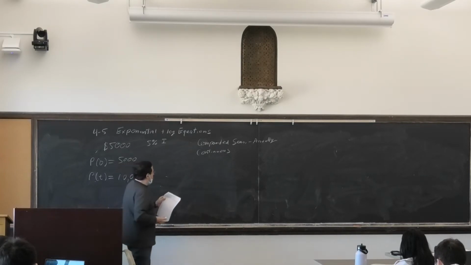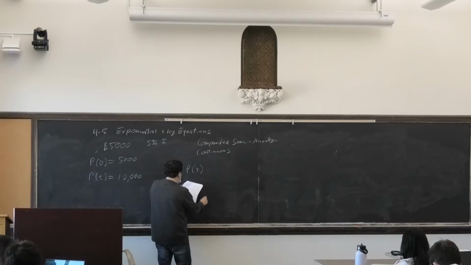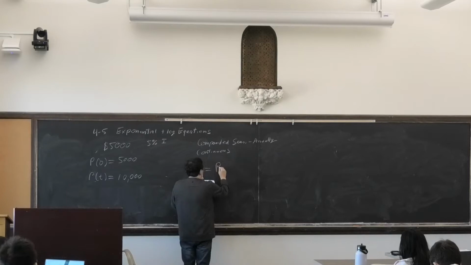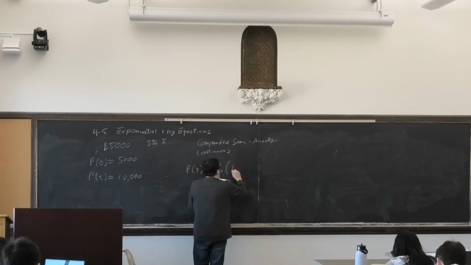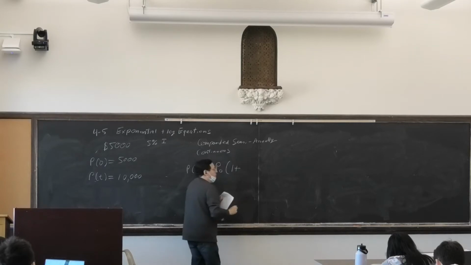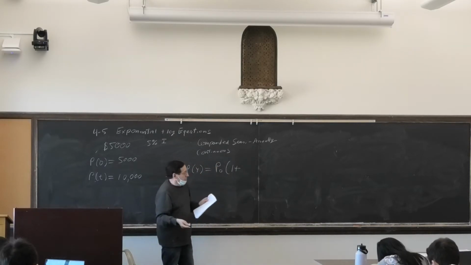So what does that look like? We're going to use y for years instead of time. So we have our initial $5,000 times 1 plus, well, 5% interest semi-annually is half of that, right?